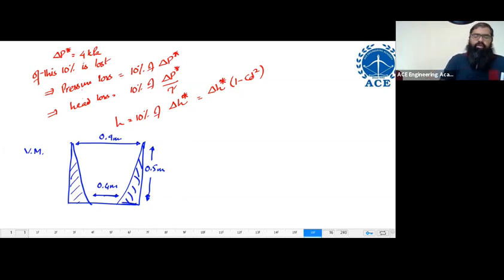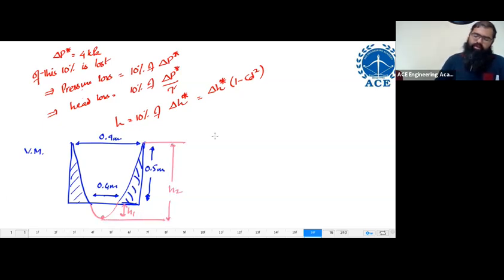In these kinds of problems, you have to create an imaginary portion of your parabola. This is your imaginary vortex point. Let this be H1 and this be H2.